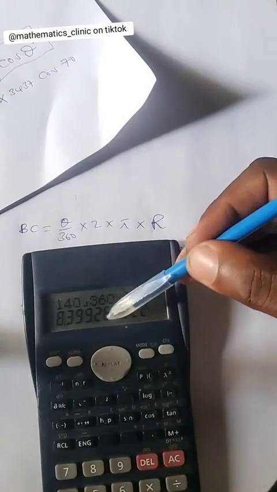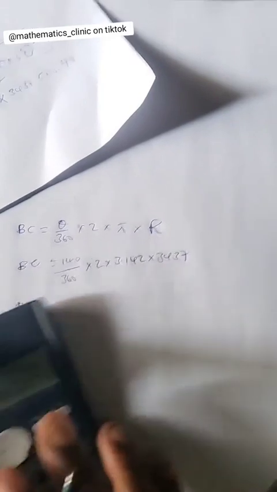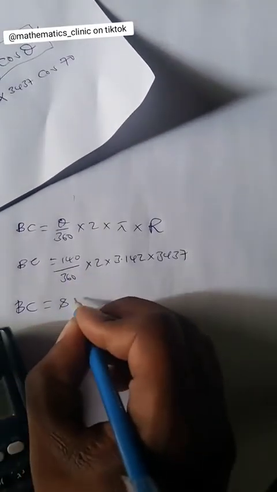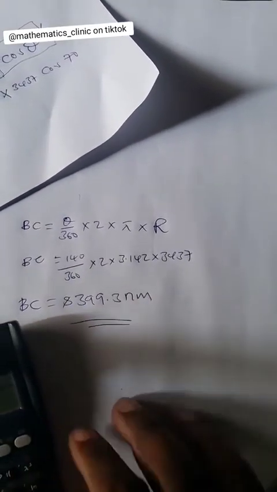Since this 6 is greater than 5, we add 1 there. So it will be 8,399.3 nautical miles. That's it.